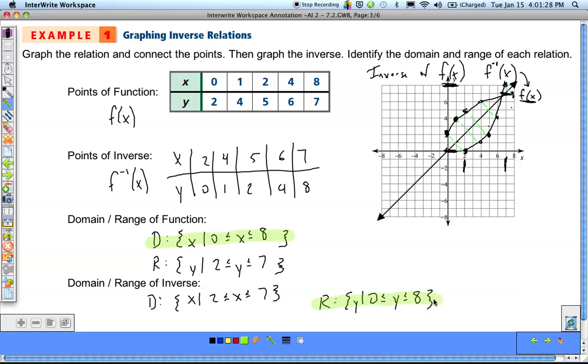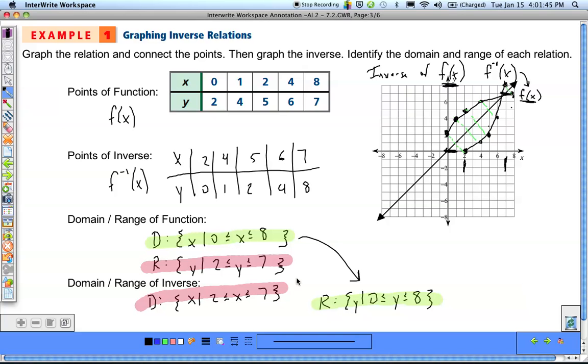It's the same exact thing. It just got flipped over from the x's to the y's. Same thing goes for the original function: our set of y's got flipped over to be x's for the inverse. That's why the domain of the one is the same as the range of the other, because we're just switching the x's and the y's, and it works for both. It's going to work like that every time.